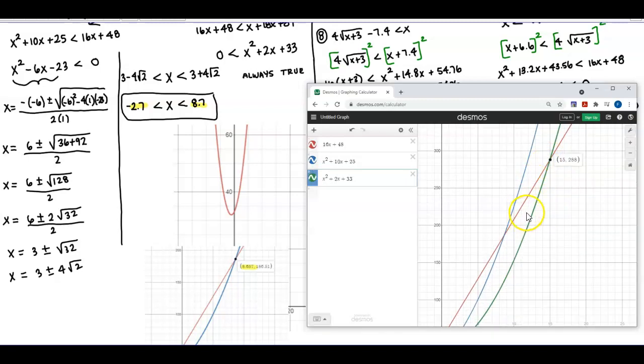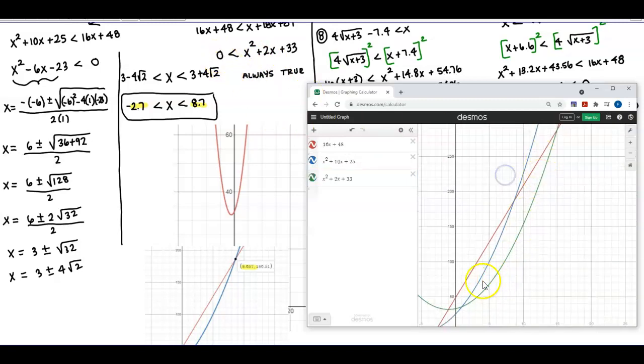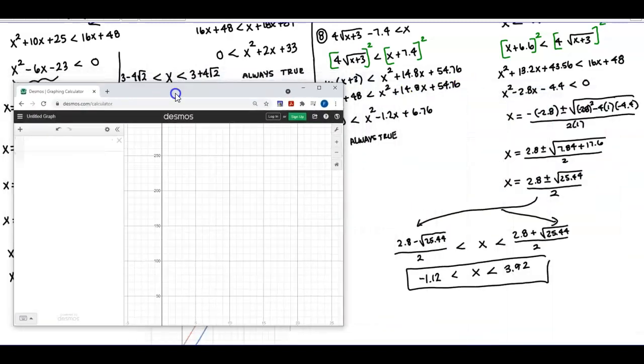But recall that because it was always true, we didn't have to worry about that scenario. So we don't need an interval because it's going to always be true for every x. No matter what you put in for x, it's always going to be greater than 0. It's only true here between negative 2.7 and 8.7.